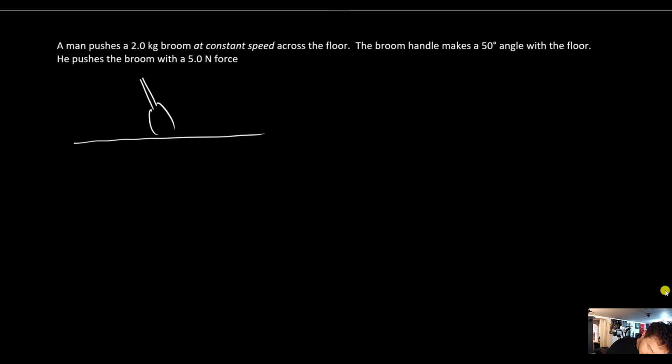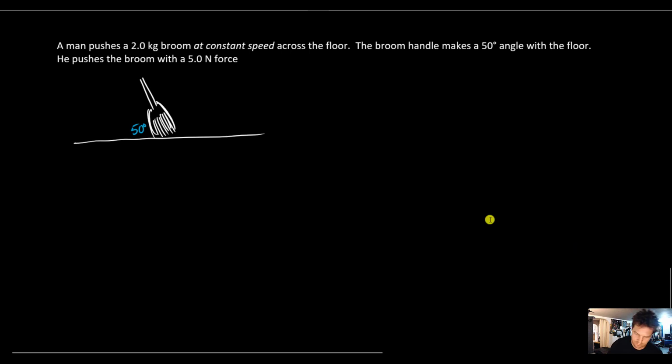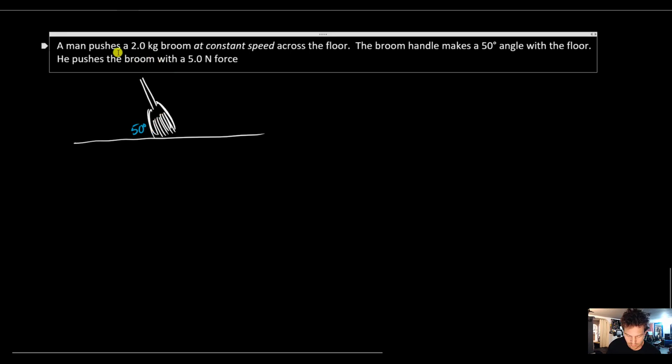Broom. There's my broom. Okay, and it makes a 50-degree angle with the floor right there. So that's our angle. And he's pushing on the broom with a 5 Newton force. So he's pushing down on the broom.